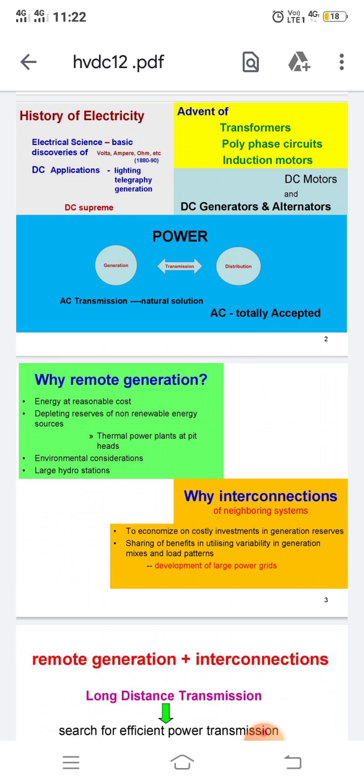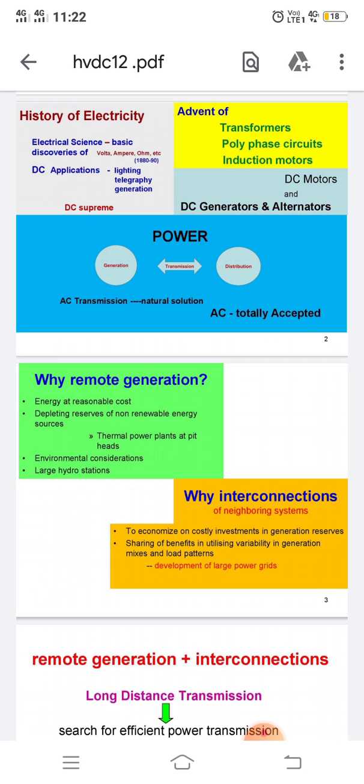The converters are static, using high power thyristors connected in series to give the required voltage rating. The physical process of conversion is such that the same station can switch from rectifier to inverter by a simple control action, thus facilitating power reversal.